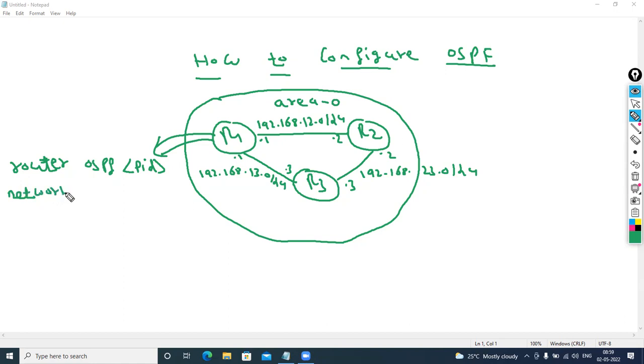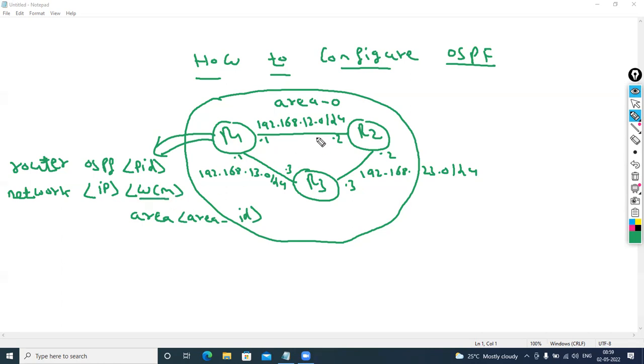Network, who are directly connected to R1, that is 12.0 and 13.0. IP, you need to mention the wildcard mask and the area and the area ID. This is the syntax of enabling OSPF.